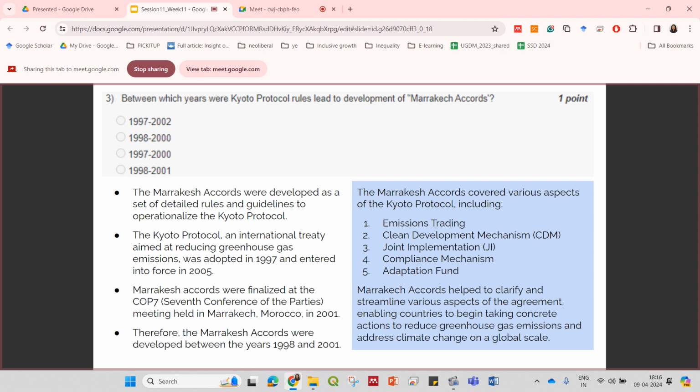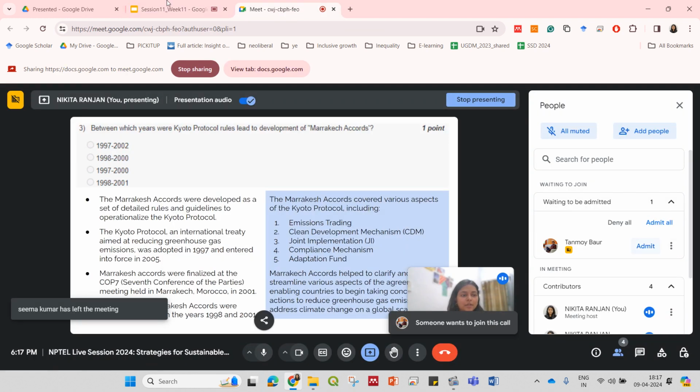So while the Copenhagen Accord only made guidelines for emission reductions, the Marrakesh Accord also provided regulations for emission trading, how developed countries or countries with larger amounts of emissions can trade with developing countries or countries which have lower amounts of emissions.